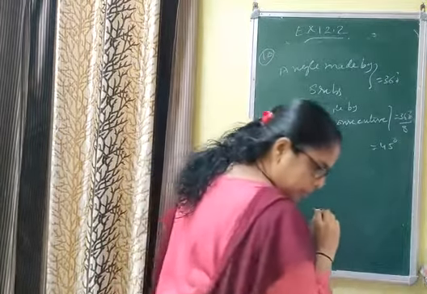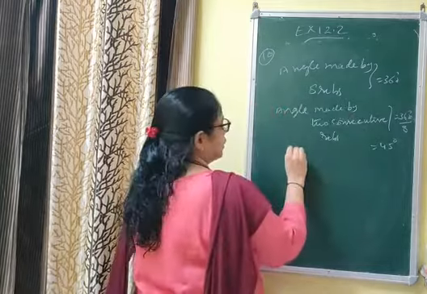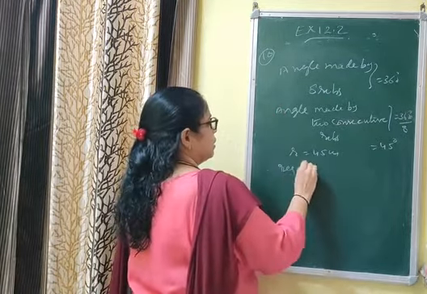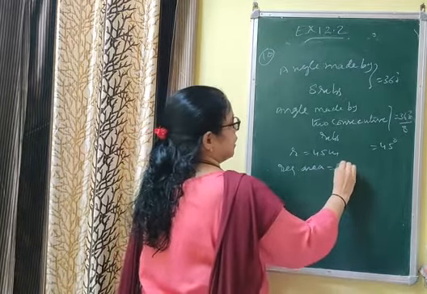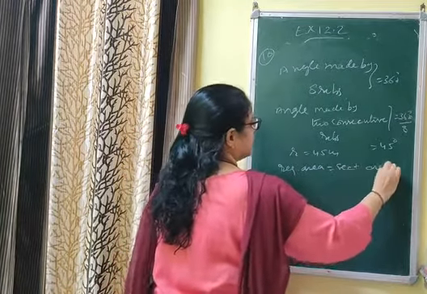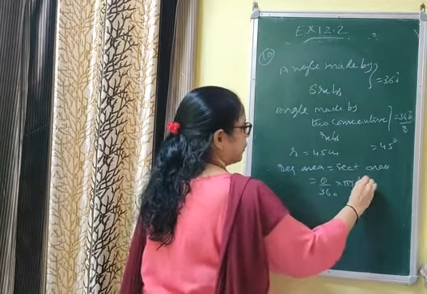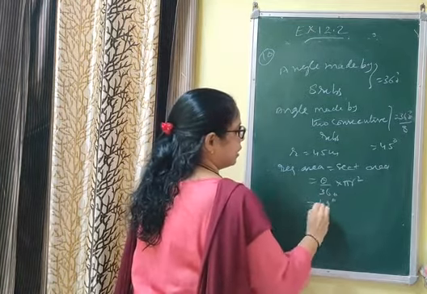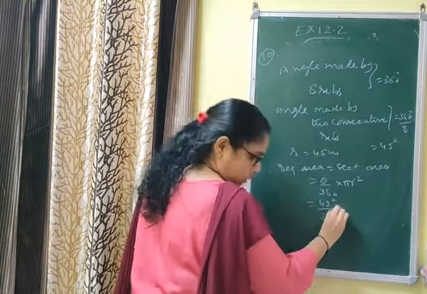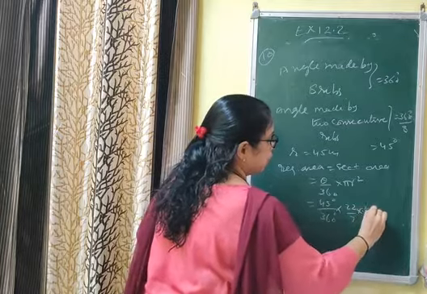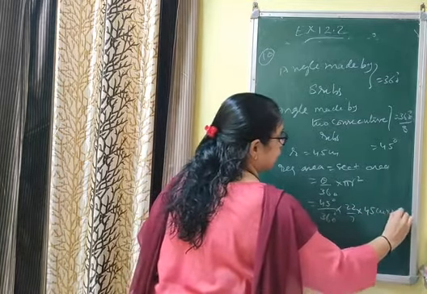And the radius you are given as 45 centimeter. Therefore, required area is equal to sector area, that is theta by 360 into pi r square, that is 45 degree by 360 degree into pi r square, which is 22 by 7 into 45 centimeter into 45 centimeter.